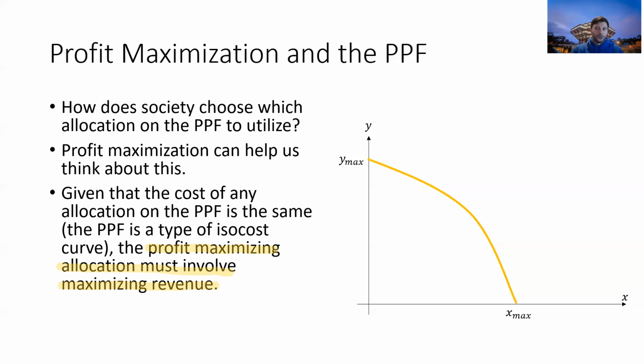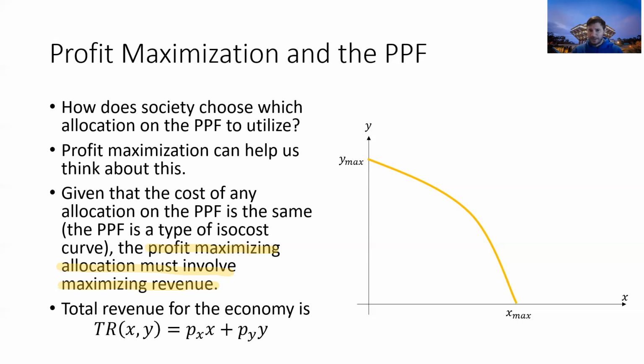Now, total revenue should be pretty straightforward to compute here. It's going to be PX times X plus PY times Y.